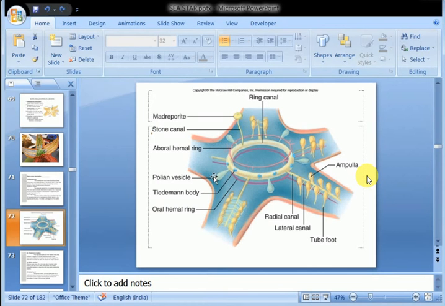They are not found actually in the sea star, which we are talking about. In this type of study we are doing, they are not present in the sea star, but in some others they are present. Sorry, in some species of Asteroidea they are present, but in the family Asteriidae generally these Polian vesicles are not present.